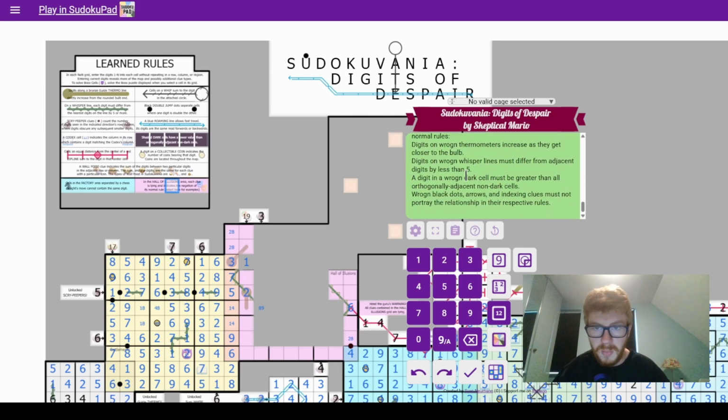Digits on wrong whisper lines must differ from adjacent digits by less than 5. Digits in a wrong dark cell must be greater than all non-adjacent dark cells. Wrong black dots and indexing clues must not portray the relationship in their respective values.